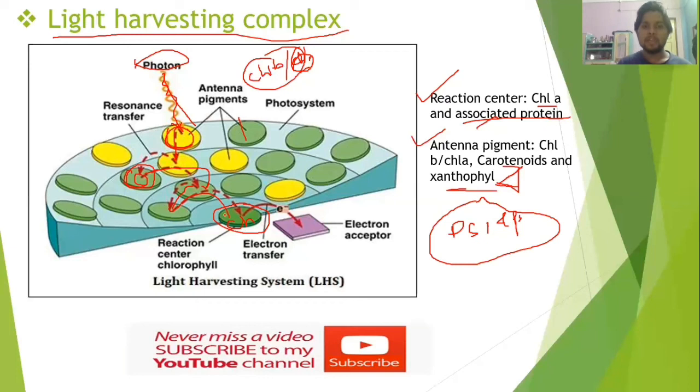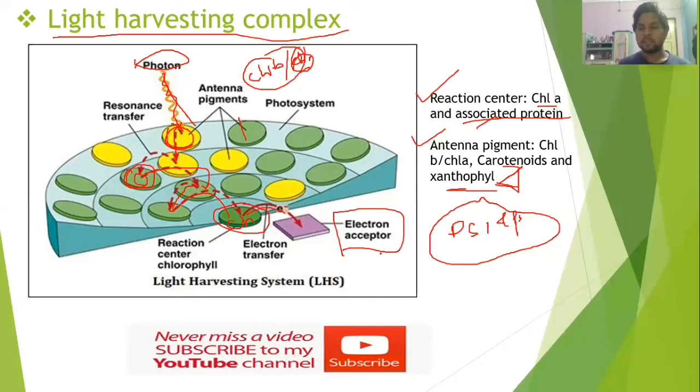Chlorophyll A catches the light and transfers it to the photosystems, and from there chlorophyll releases one electron, which is received by the electron acceptor.